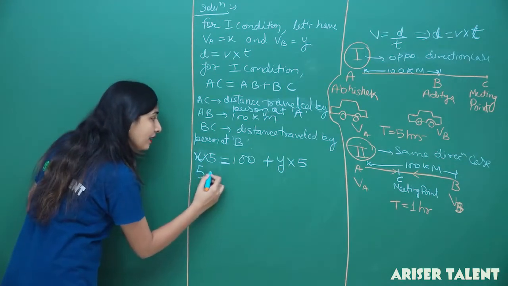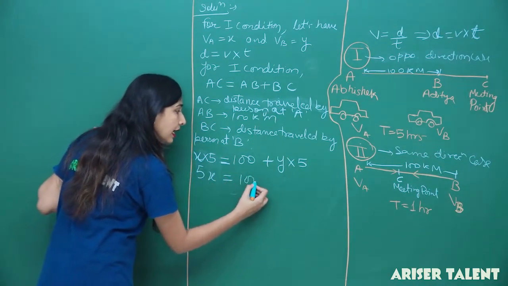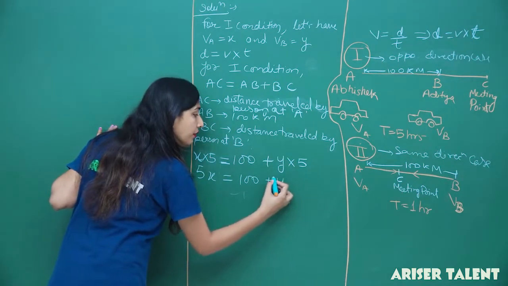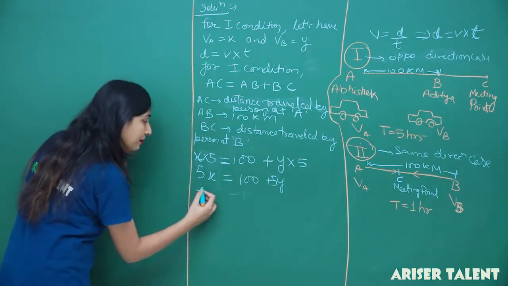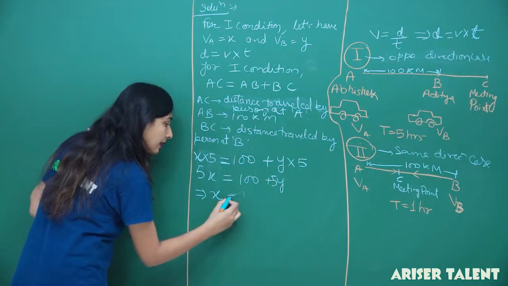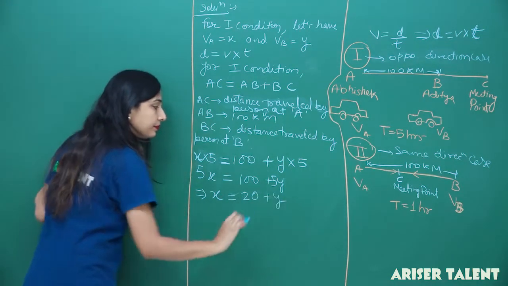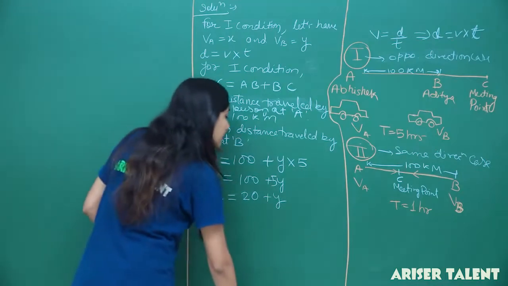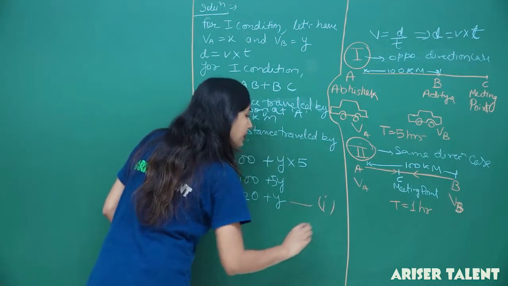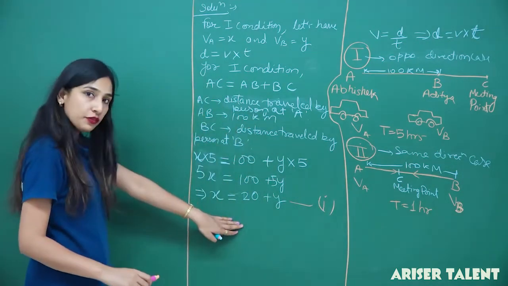So that will be 5x equals 100 plus 5y, or that can be written as x equals 20 plus y, isn't it? So this is the basic equation first.